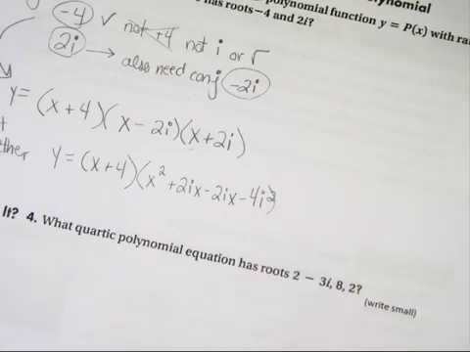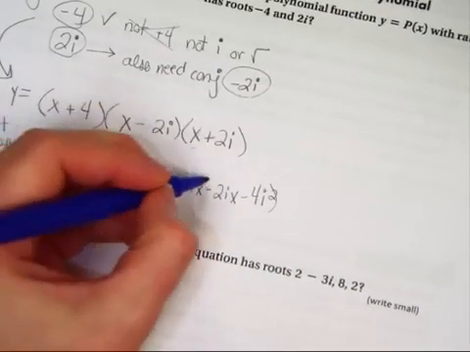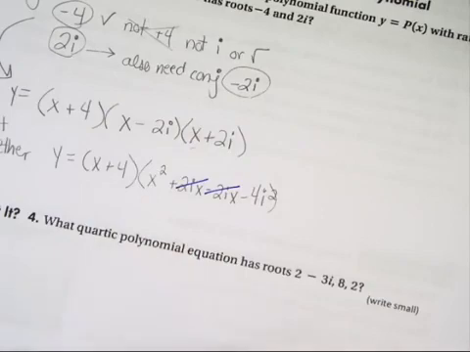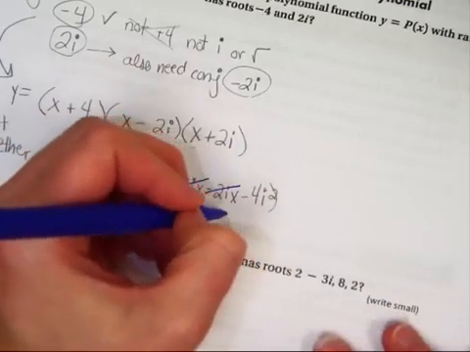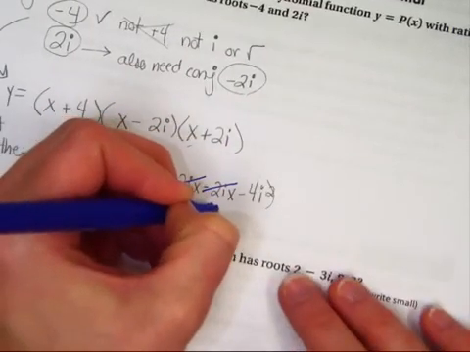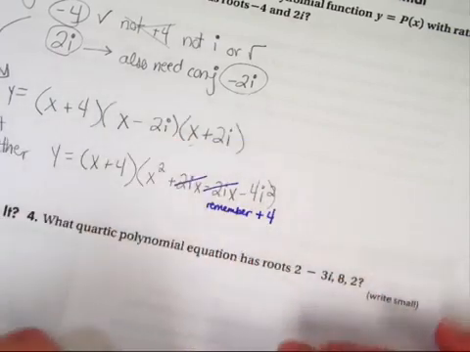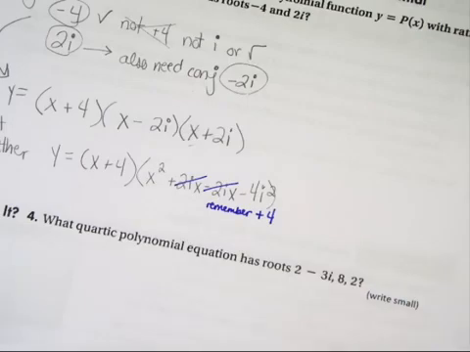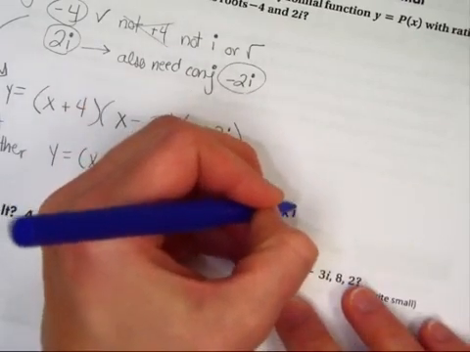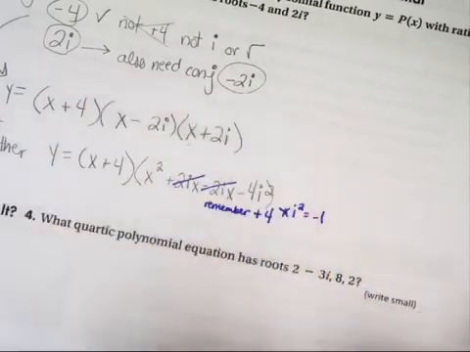How much do you really remember about imaginary numbers? Those cancel out, and this, remember, is a plus 4 because i squared is negative 1. You just had to remember that from way back when.